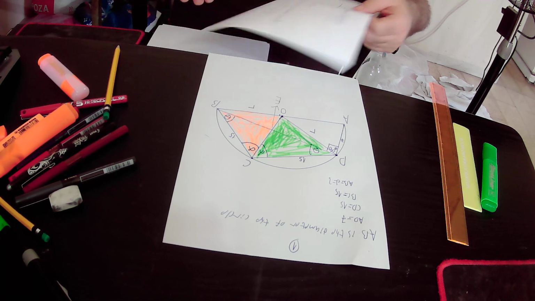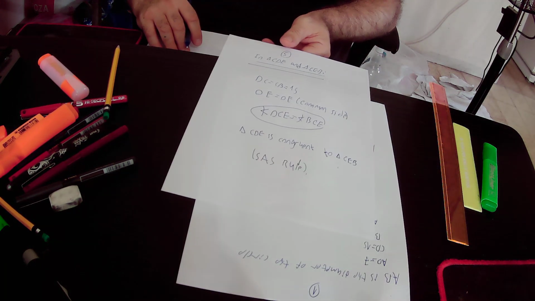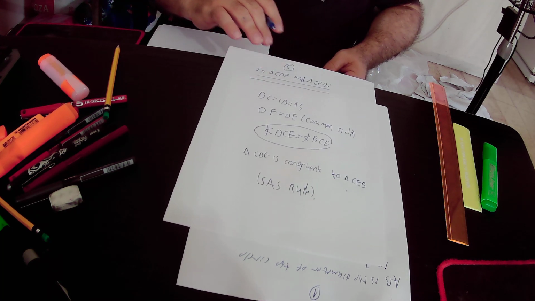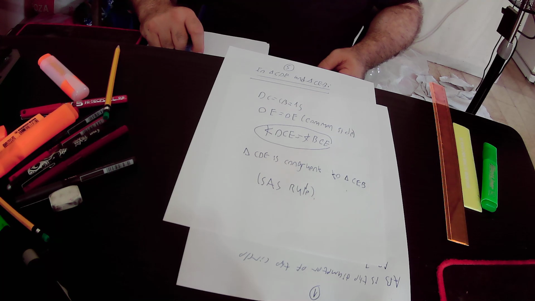Again, triangle CDE is congruent to triangle CEB according to the side angle side rule.